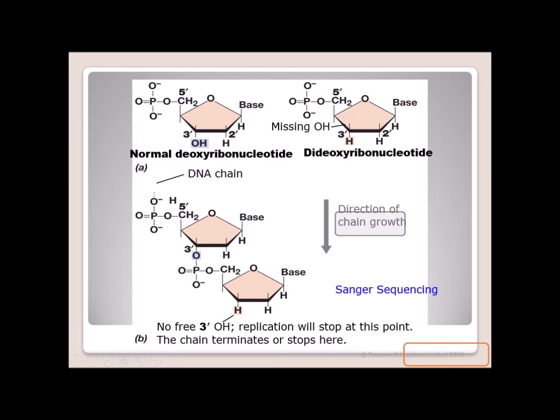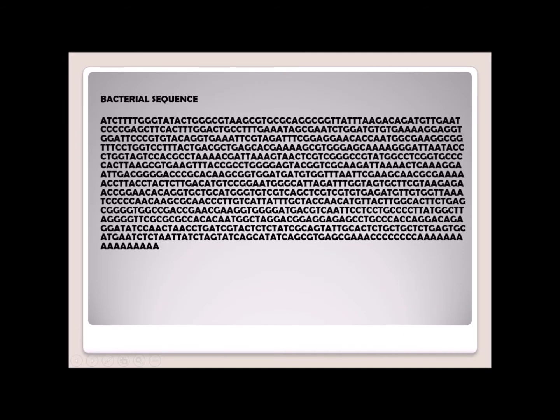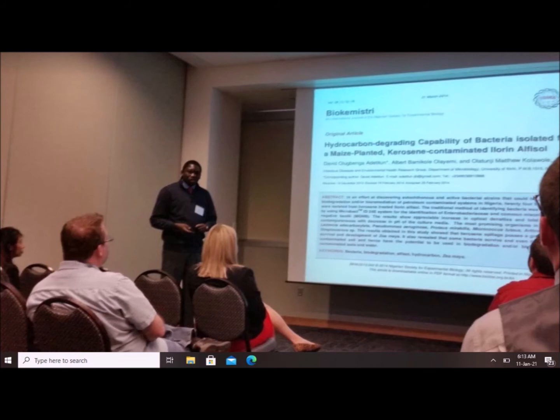Sometimes you can do colony PCR, sometimes you can do some cleanup before you do the PCR. After you've done the PCR, you run the gel, then you check the gel for the presence of DNA. Then you clean up the DNA, and then you proceed to set up for sequencing.